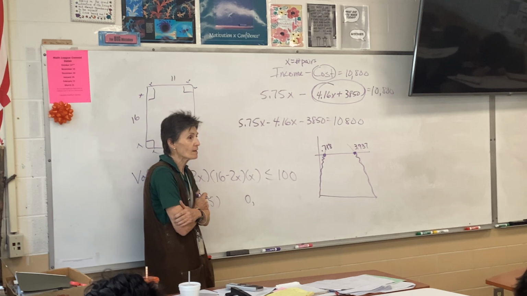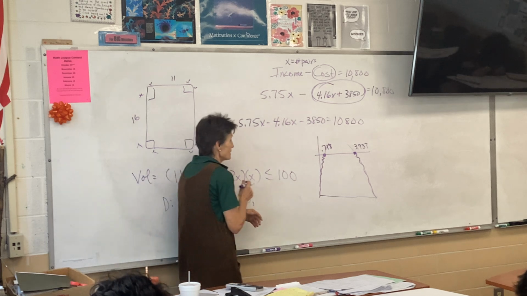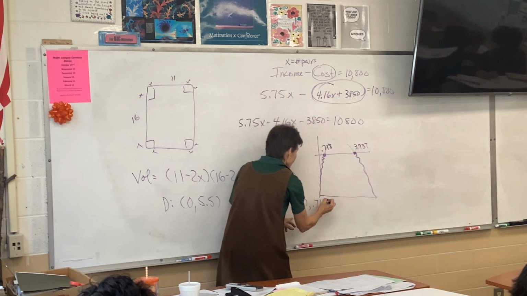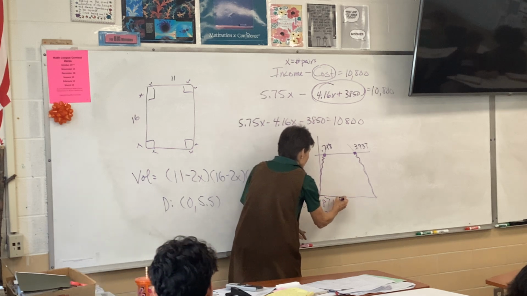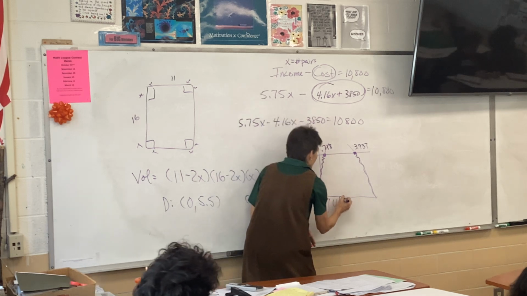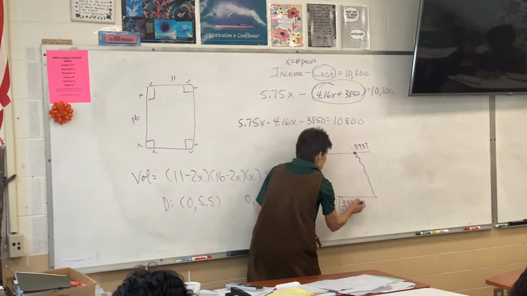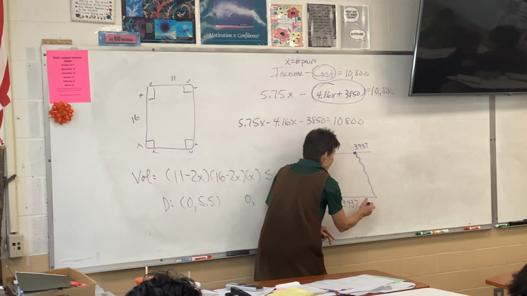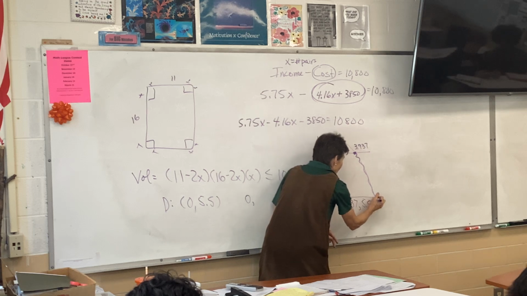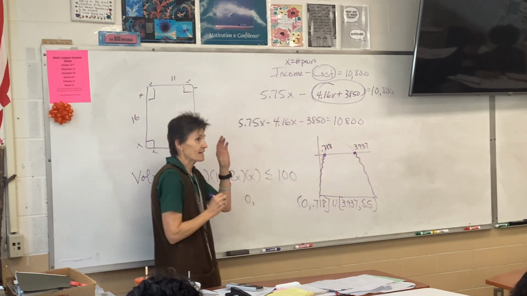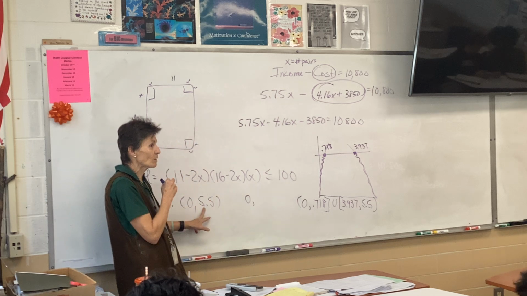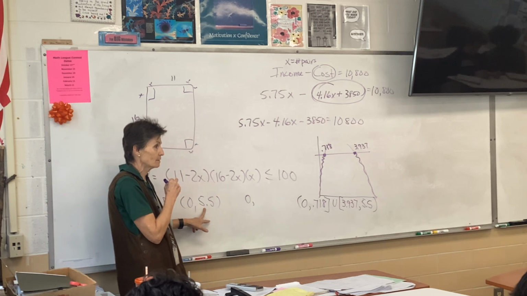Now, what is our answer then? 0 to 0.718, in union with 3.937 to 5.5, right? It has to stop at 5.5 because that's where your domain stopped, right?